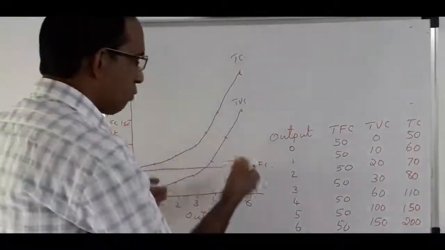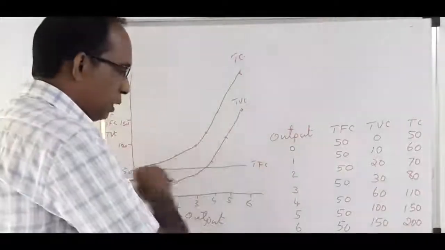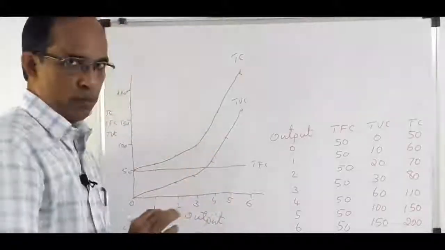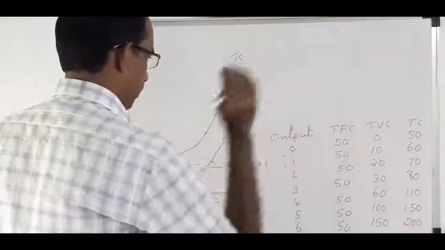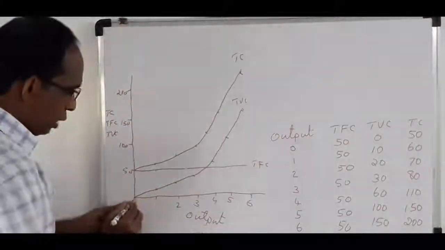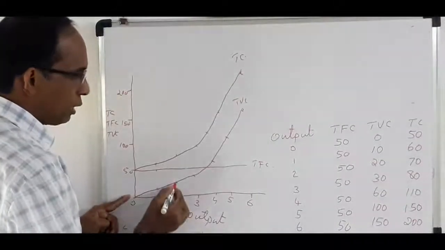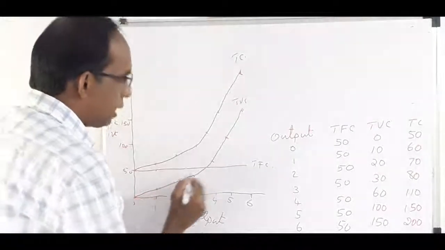What does this curve show? This curve shows that TFC remains constant at all levels of outputs. Right? Then we are going to draw the curve of TVC. When output is 0, TVC is also 0. When output is 1, TVC is 10. When output is 2, TVC is 20. TVC always increases.